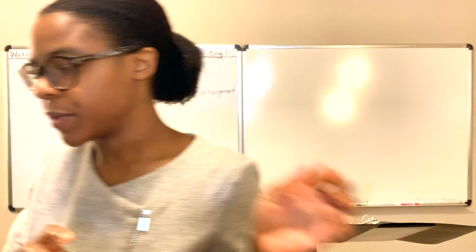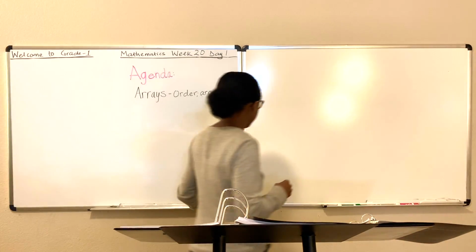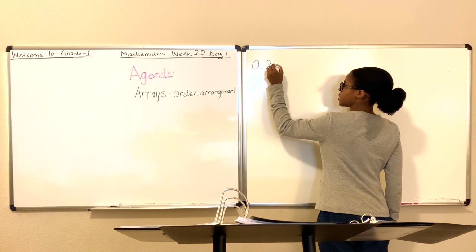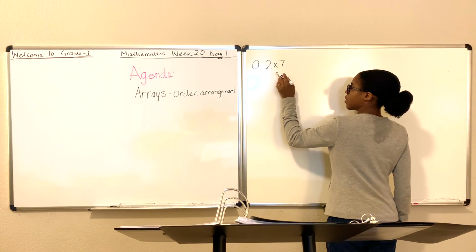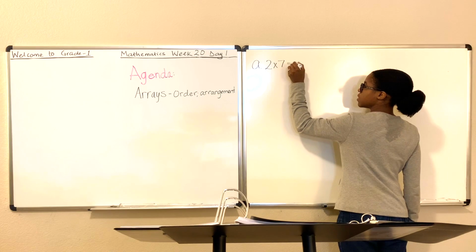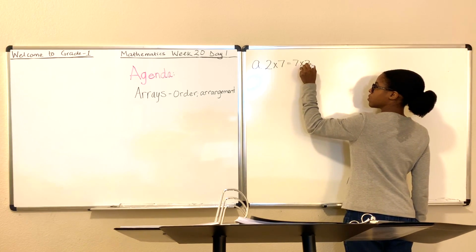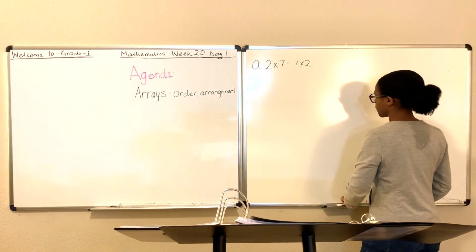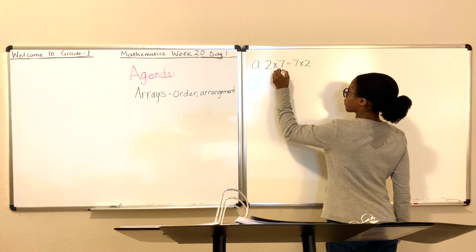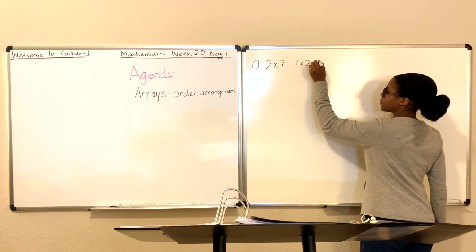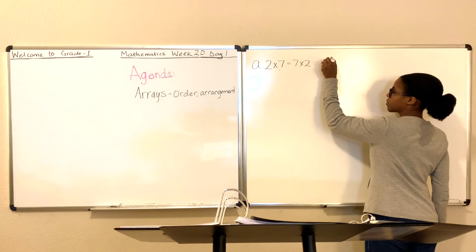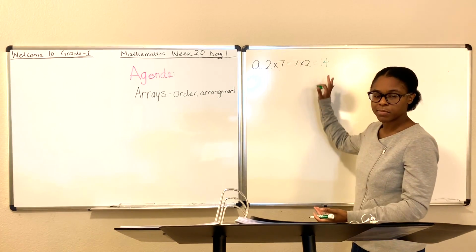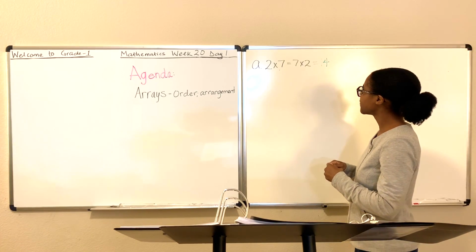So let's write that on the board. Whether you say 2 times 7 or 7 times 2, both are going to give you the same answer of 14. Or you could just say 14 equals 14. 2 times 7 equals 7 times 2, but they both equal 14, okay?